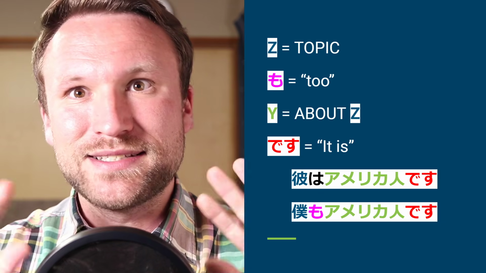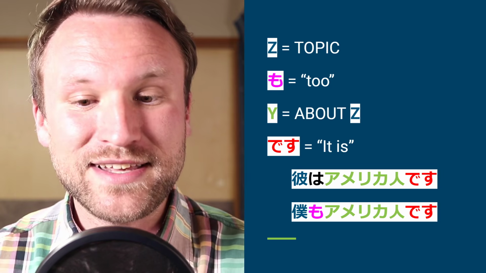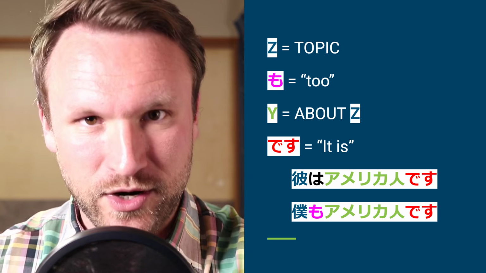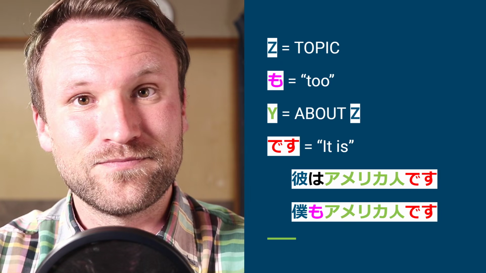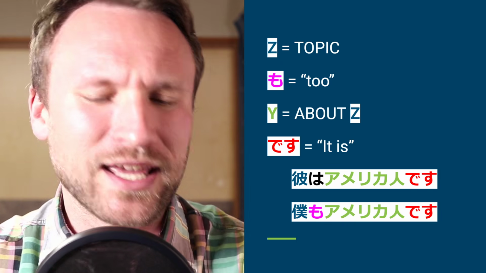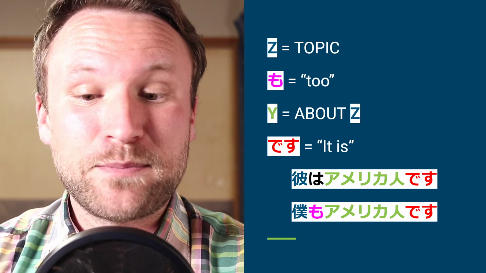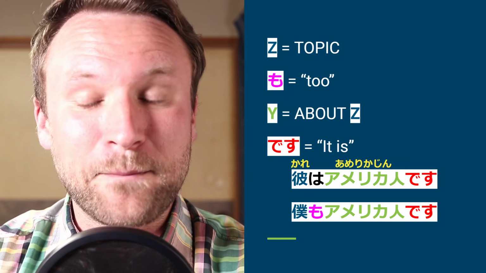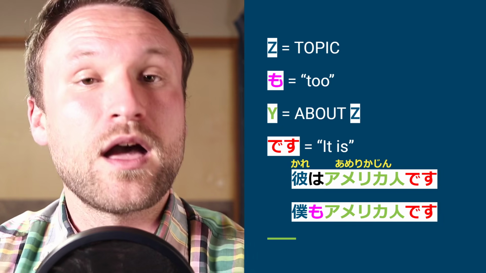So you're going to use mo basically. You don't just make sentences that stand alone by themselves with the mo particle. Obviously, you need something that comes before it. You need to be talking about something else, and then you use mo, right? Same thing in English, but just thought I should point that out. So our first sentence might be, kare wa Amerikajin desu. He is an American.